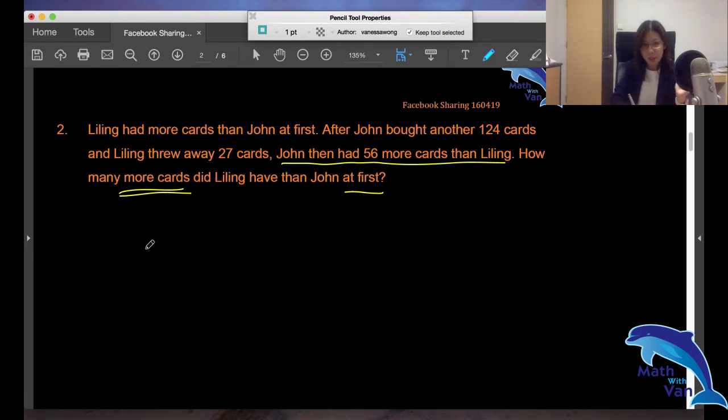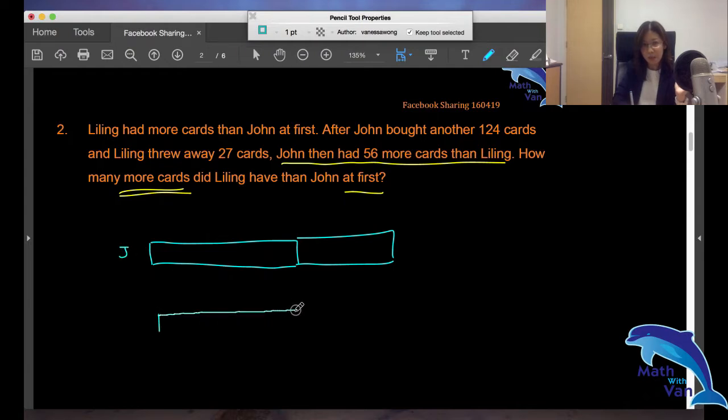So here, I will advise starting from that stage, that means from the back. For the back here, this is John, all right? And this is what happens in the end.